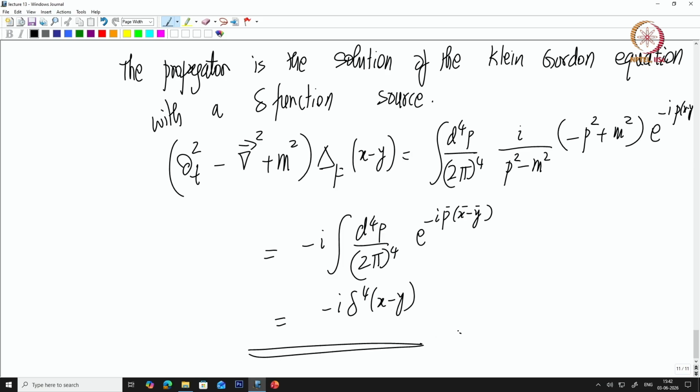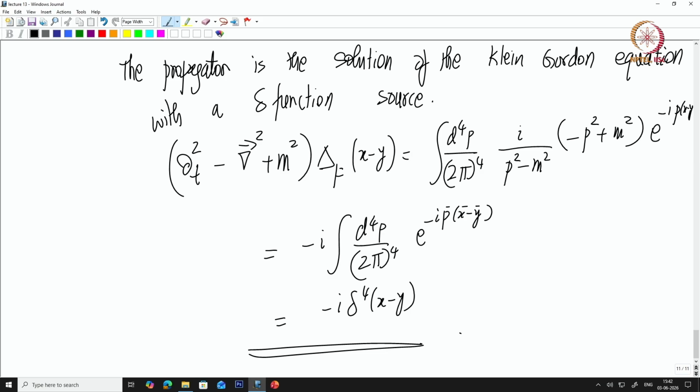So we are closing the loop: the propagator we studied in the relativistic quantum mechanics course, and the propagator we derived using the field theory mode expansion.